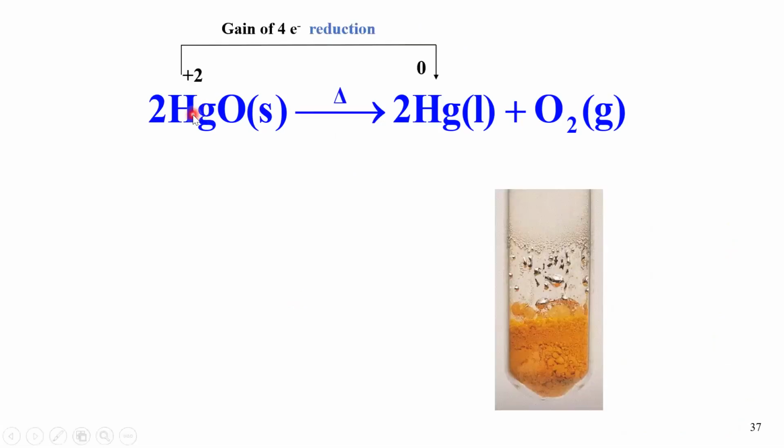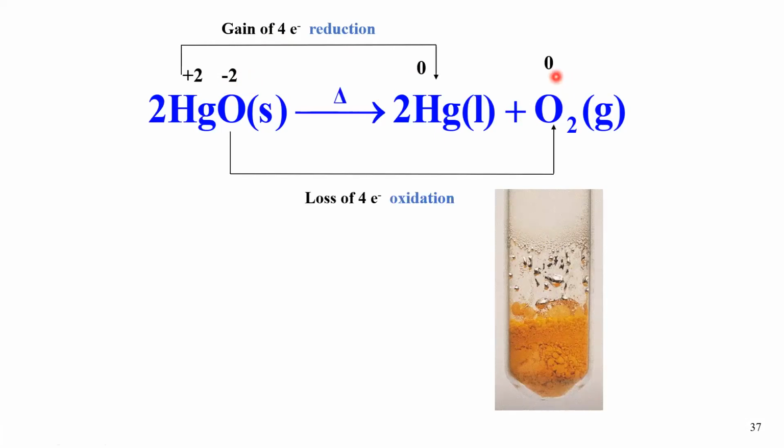Okay, so the mercury is going from a +2 to a 0. Oxidation number is going down. It's being reduced. That means it's gaining electrons. And the oxygen is going from a -2 to a 0. It's being oxidized, or it's losing electrons.